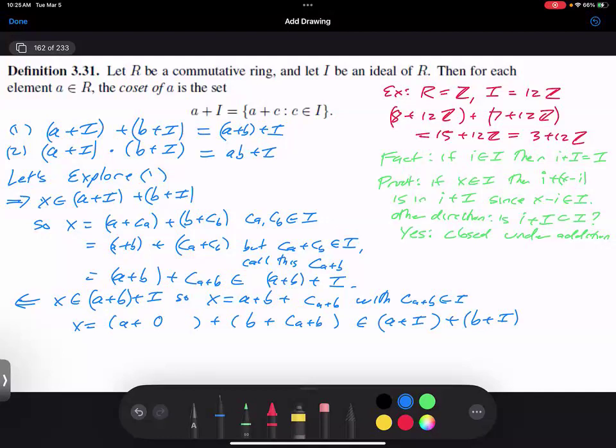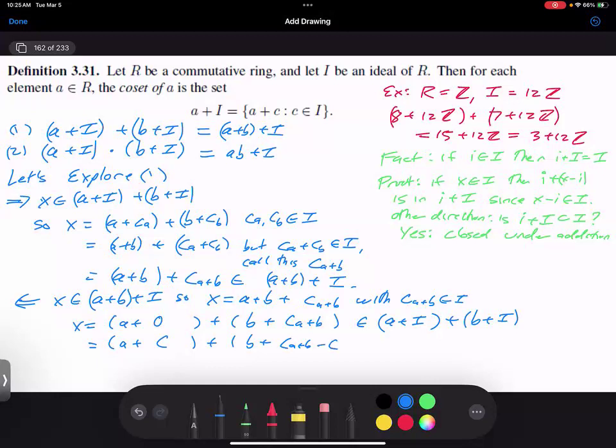So 0 is the easiest choice. What if I decide I don't want to use the easiest choice for once? What could I put in? What if I choose some C in I over here? Then what would I do? Then we just subtract.